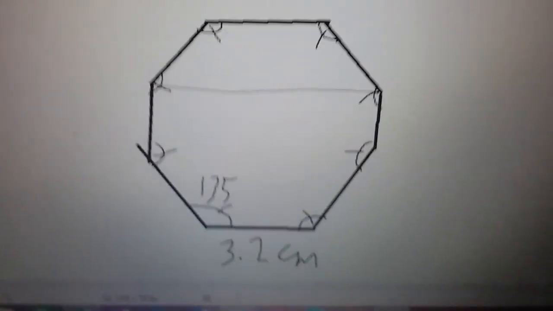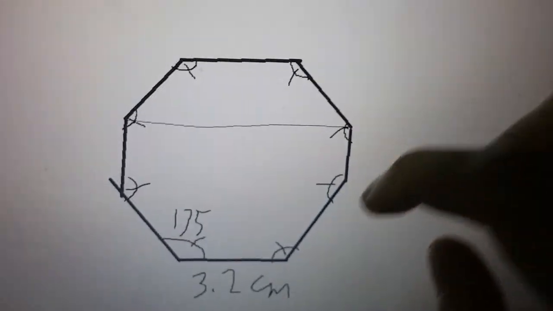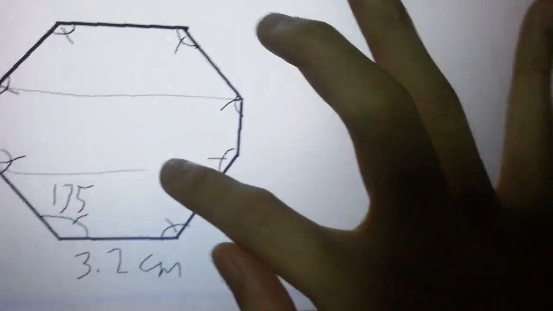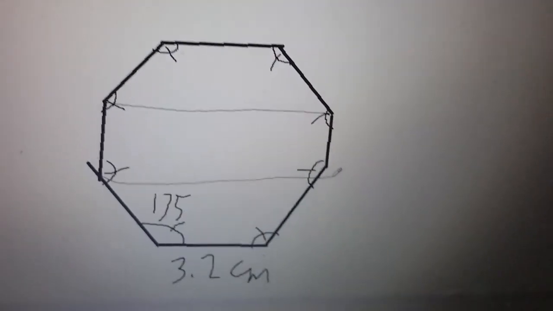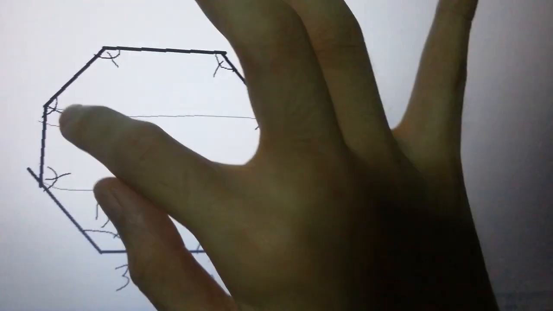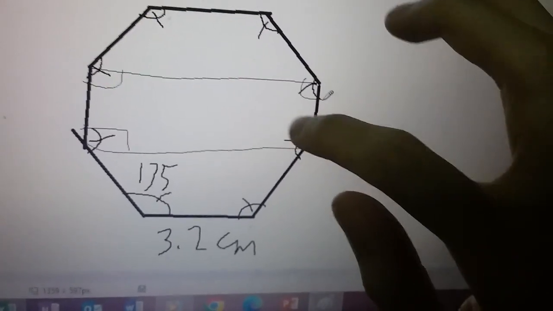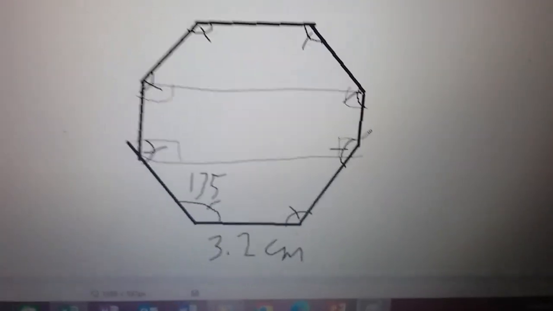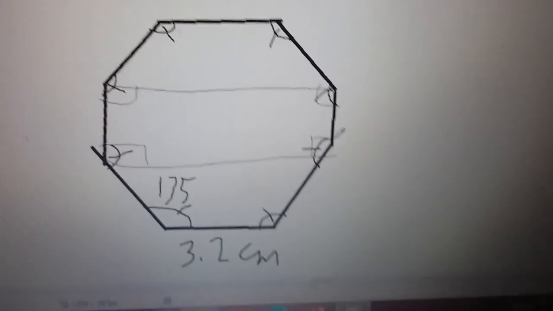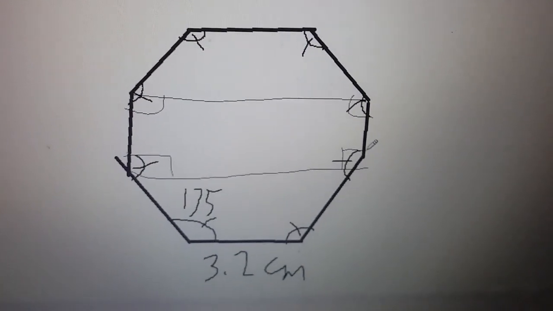This forms a trapezoid. Remember this trapezoid here? And then I draw another line here. This forms a rectangle, right? So this one is 90 degrees. This is also 90 degrees. But we know in this angle, it's supposed to be 135 degrees.